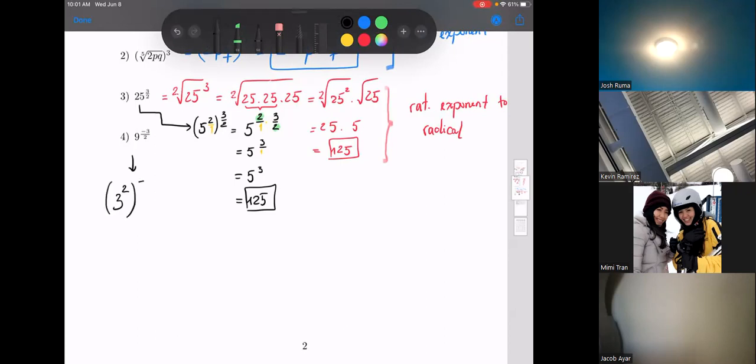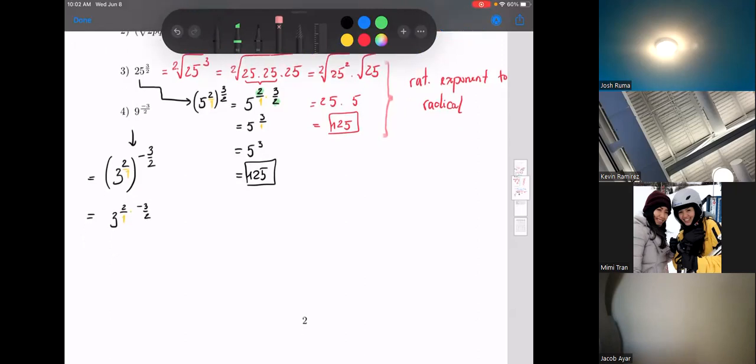So outside is still negative 3/2. Rewrite it. I always do 2 over 1. And now you multiply, so it equals 3 to the 2 over 1 times negative 3 over 2.